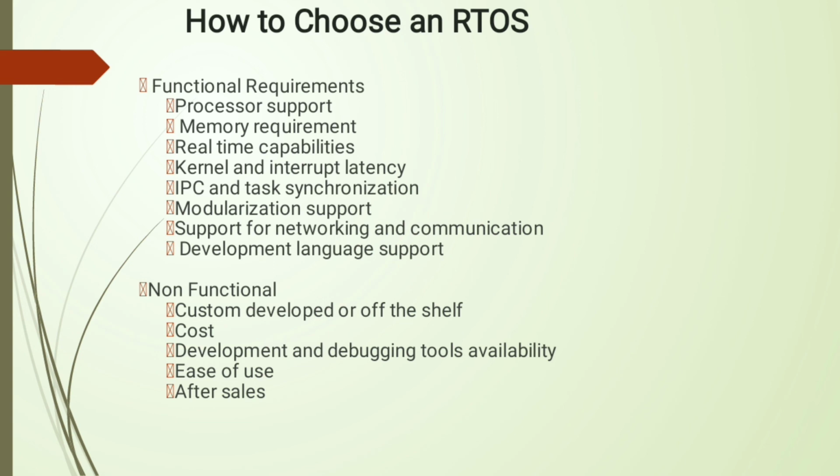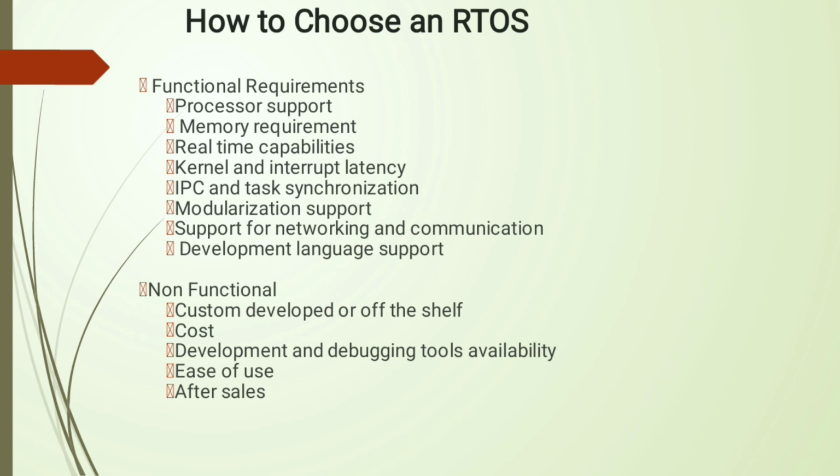The second one is the cost, the total cost for developing or buying an OS or maintaining it. So we need to minimize the cost. And the next one is the development and debugging tools availability. Before selecting an operating system, we need to consider the availability of the tools.